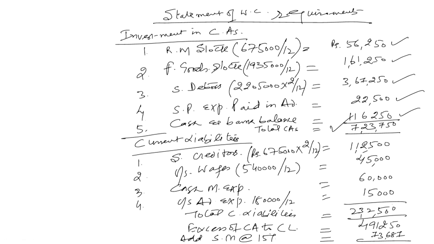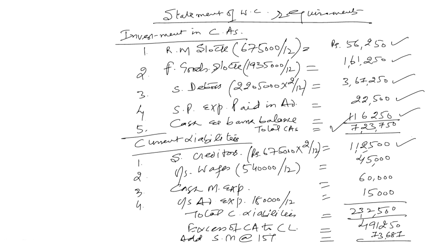And then we saw that for the funding of the total investment in current assets, that is 723,750, the total size of the current assets we are going to have for the whole year, 112,500 will come from the sundry creditors.